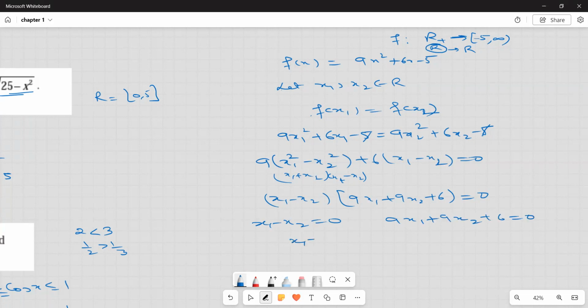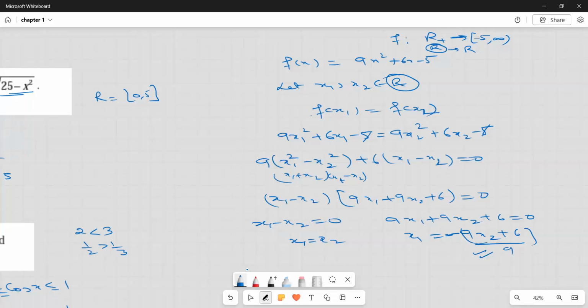From here, I am getting x1 is equal to x2. And from here, I'll get x1 is equal to minus (9x2 plus 6) by 9. Right? So if it is a real number, this is possible, na? Negative of the number. Fraction is okay because it's a real. But if negative is there, it is not one-one because I have taken R.